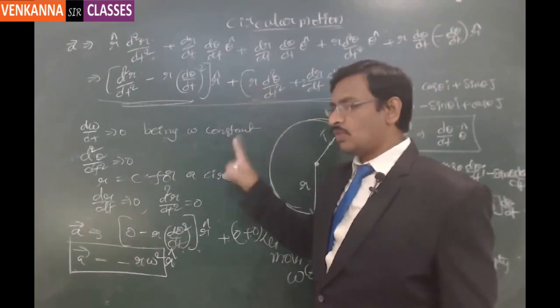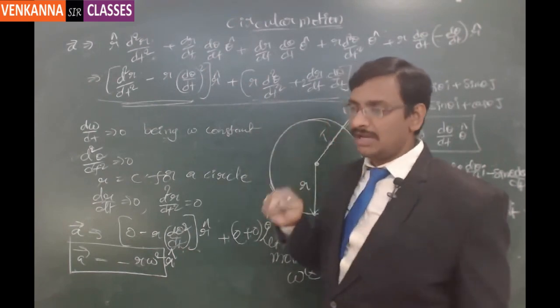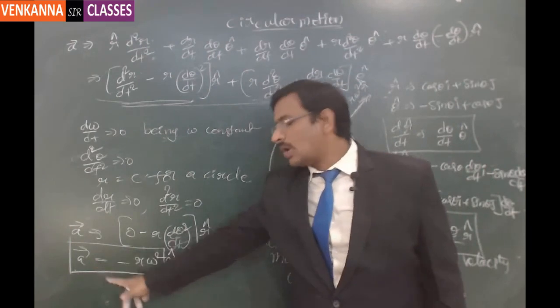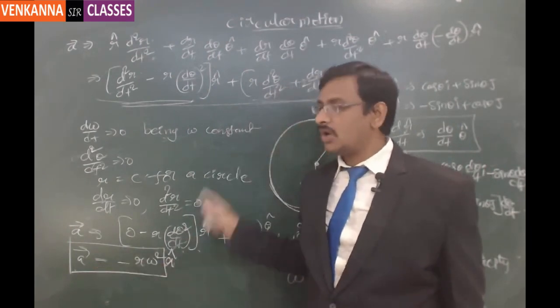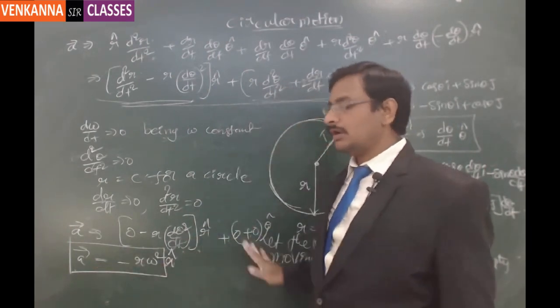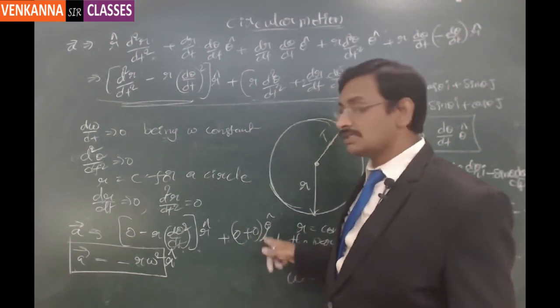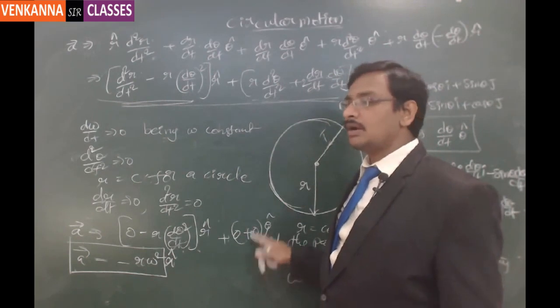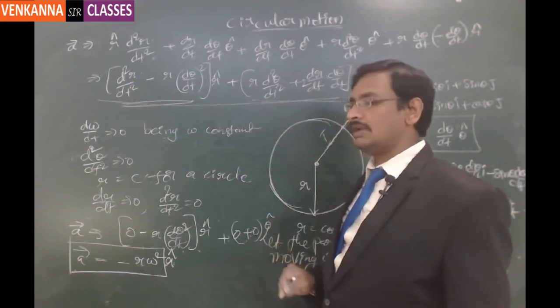For a circular motion where the angular velocity is constant, this is the only component of acceleration, and that is acting always towards the center. There is no transverse component of the acceleration, because that comes out to be 0. Got it? If the particle is moving with constant angular velocity.